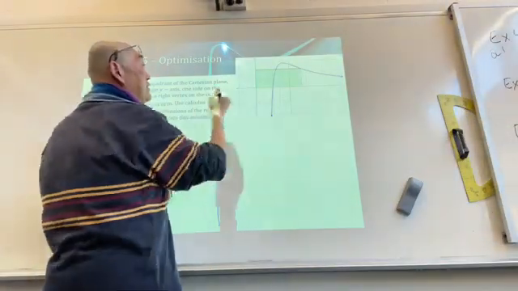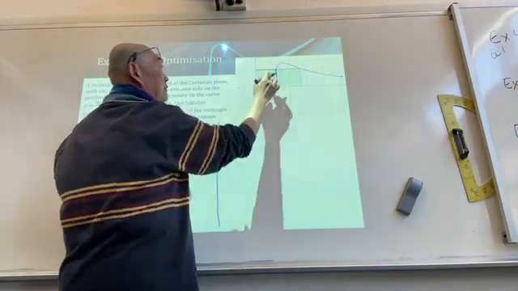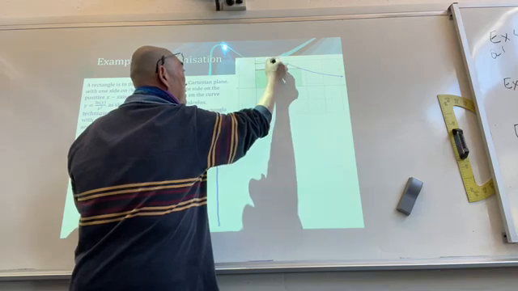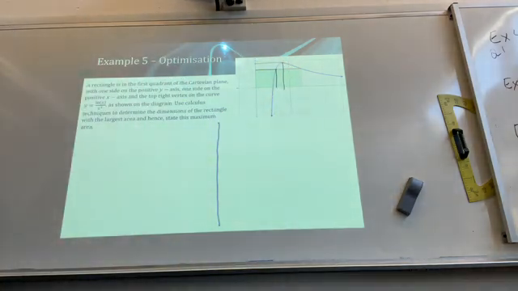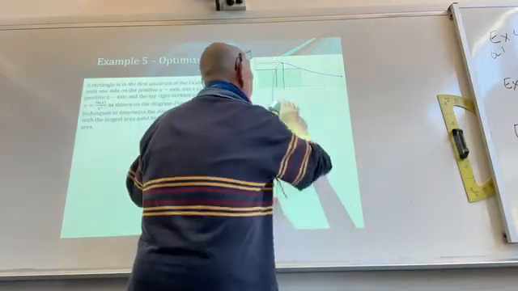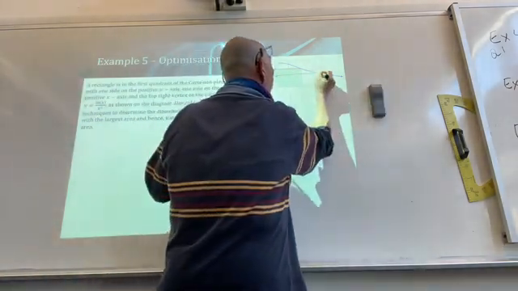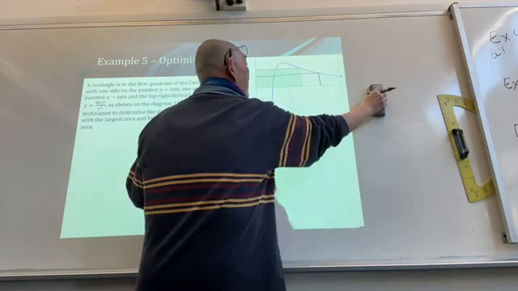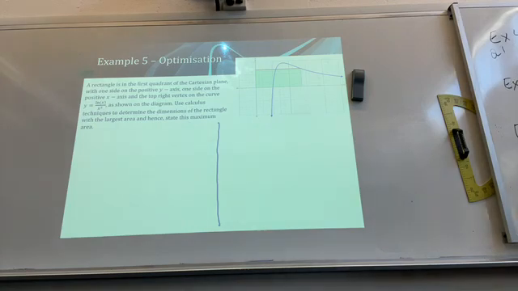So in this situation, the maximum could have occurred here, right? It could have occurred something like this. It could even be that way. We don't know what it is. But we do know that if I draw it this way, it's not that hard, is it?